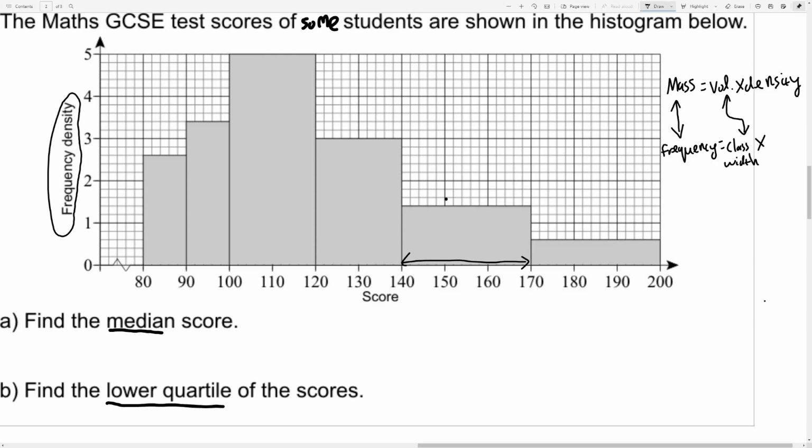So we can see that between 100 and 120, there are a lot of scores, relative to how close together they are. So we can say that that is what we call the frequency density. I'm going to say freq density there because I can't quite fit it in, but it's frequency density, which is what we measure on the y-axis.